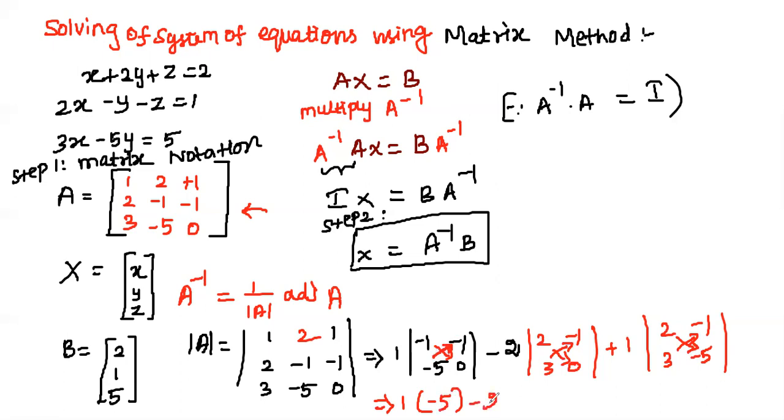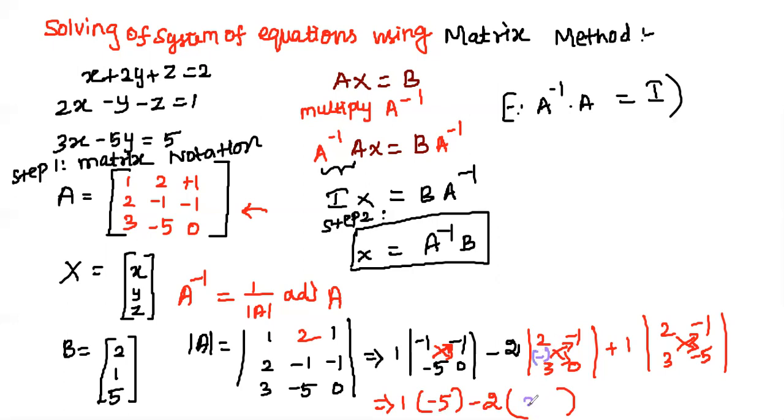And what about this minus 2 times? It's minus 3. You have an upward arrow mark. 3 into minus 1 will give you minus 3, and you will be including the other minus also.